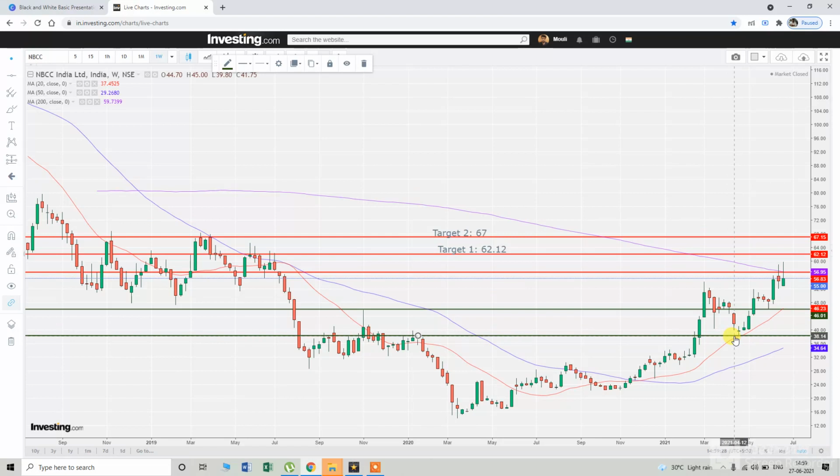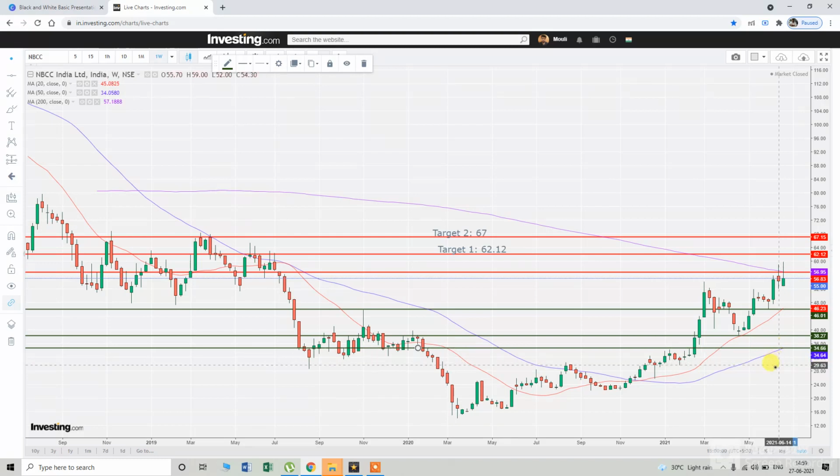So what can be the next one? Can you tell me what can be the next one? This one? No, that cannot be. No. See here, at this spot, moving average 50 gives us the support line.